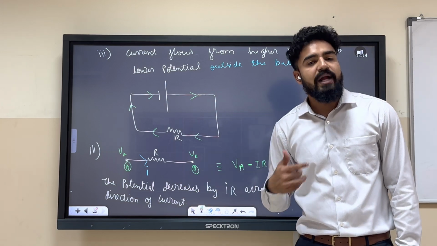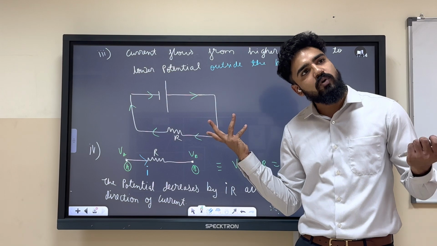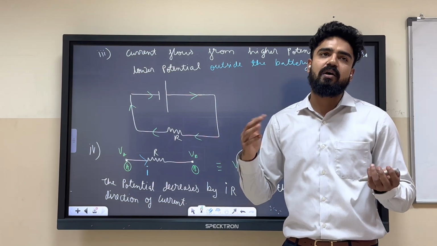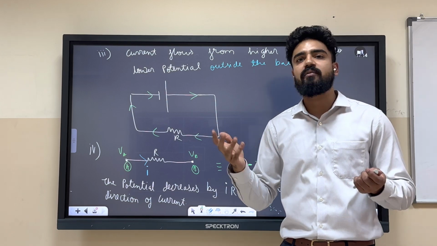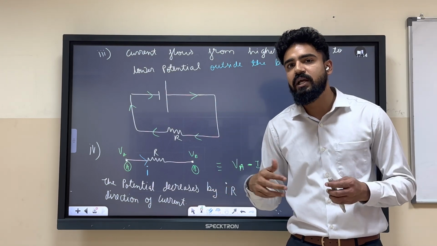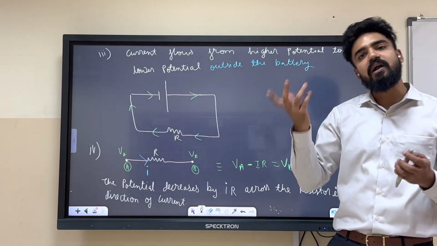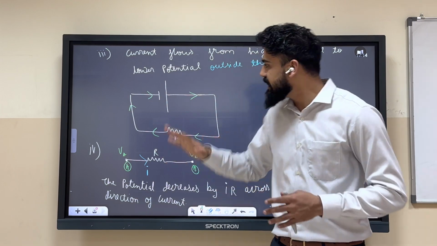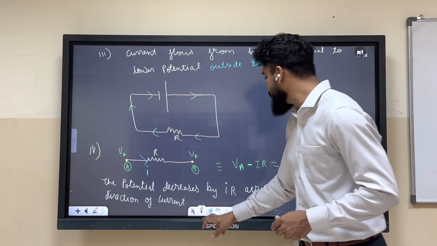Okay, you might always be wondering, why IR, why not negative IR, why negative IR, why IR, why V, why not negative V, why negative V, why not V. Okay, are you getting it? So you will be wondering over there. So please, all these 4 rules are very, very important.